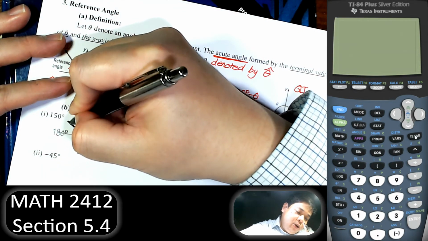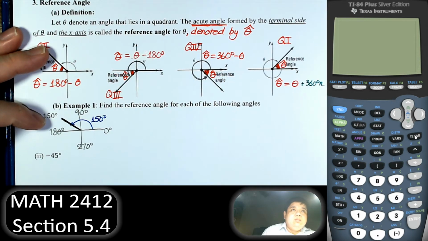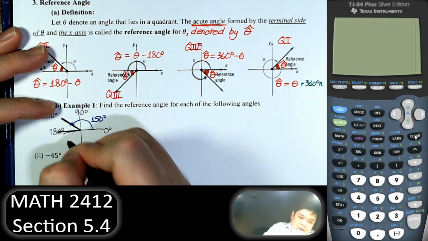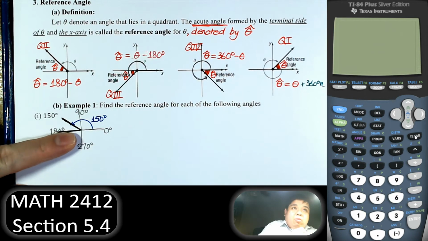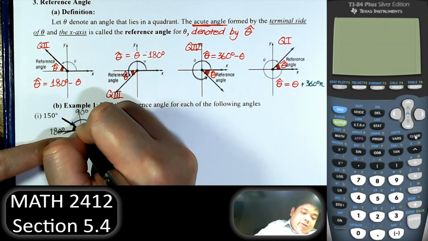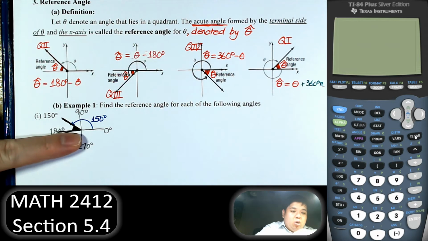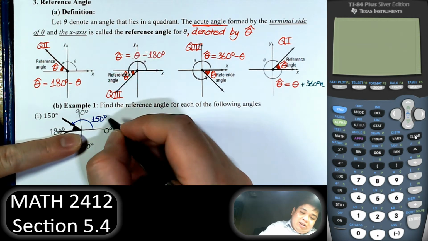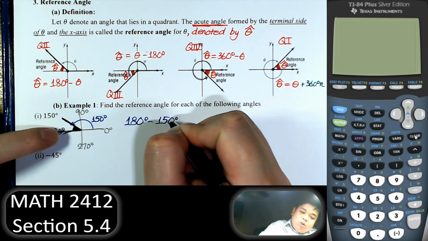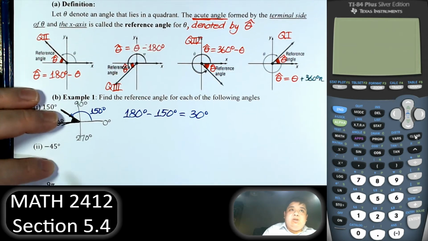So we take that terminal ray and we will use the negative x-axis, because in that case the angle will be between 0 and 90 degrees. So 180 is the whole thing. Subtract 150, give us what's left. So the reference angle of 150 is 30 degrees.